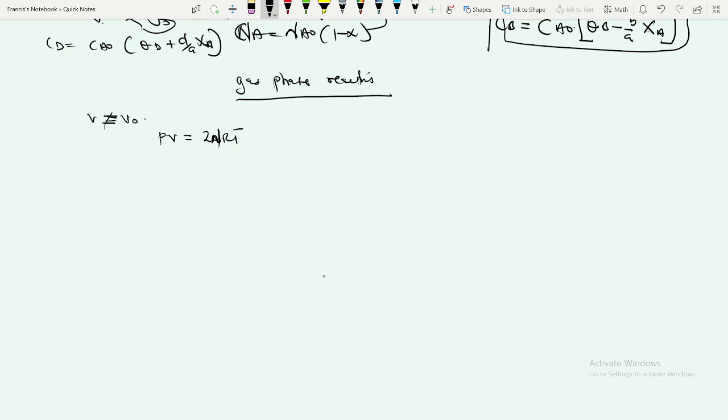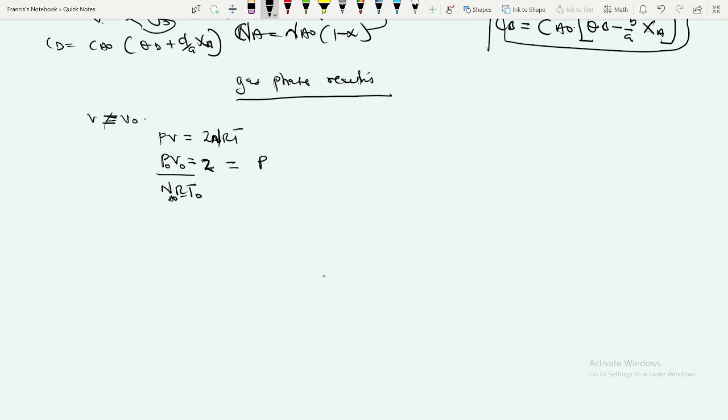For ideal gases, our Z doesn't change, so it's a constant. We can put the initial N A naught and initial T, and this is a constant.